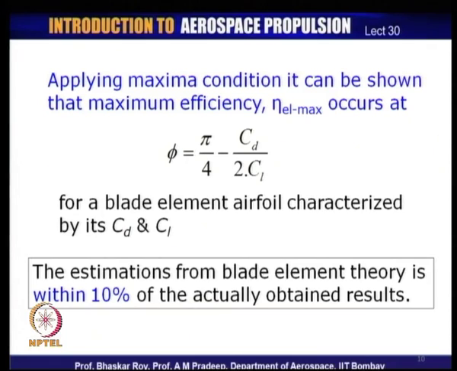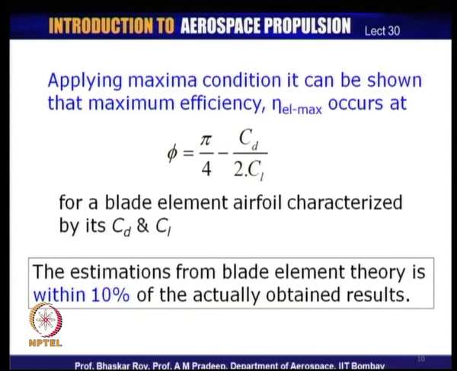Now, what can be done is you can find the maximum efficiency of this element from the earlier equation that we had written down. It can be shown by simple algebraic derivation that the elemental maximum efficiency occurs at phi = π/4 − CD/(2CL), and this is how you can quickly calculate what could possibly be the maximum elemental efficiency.